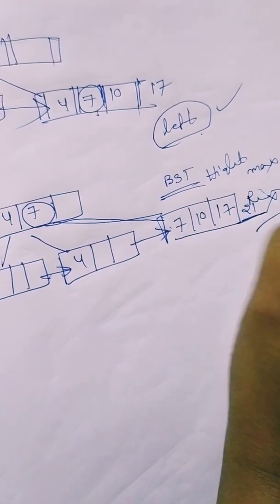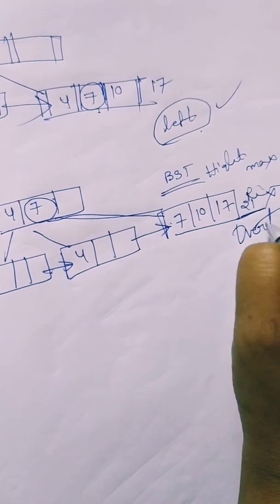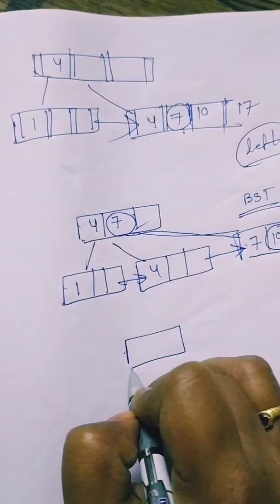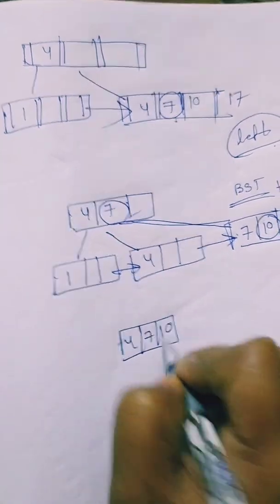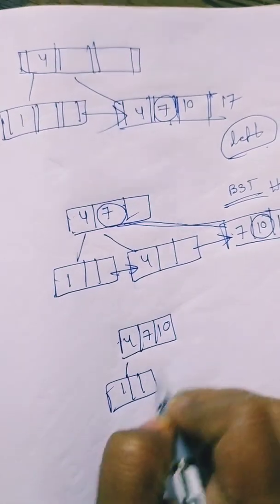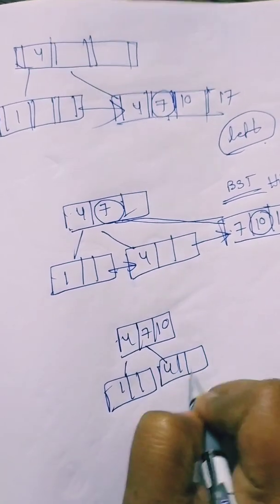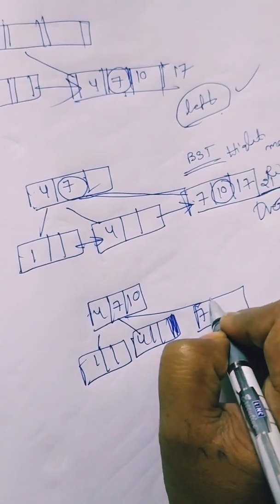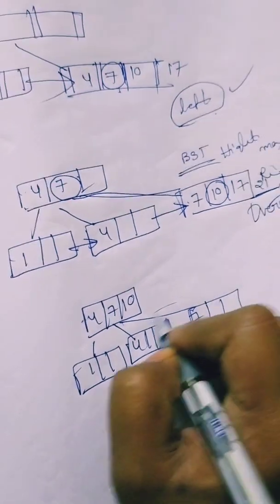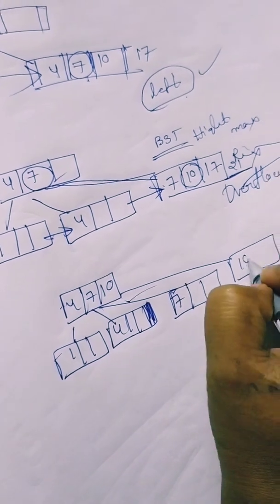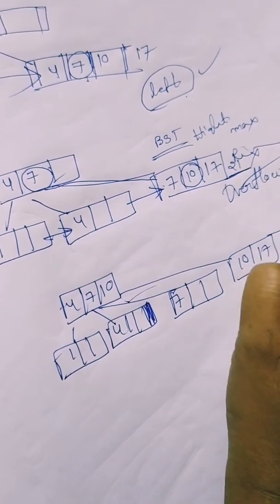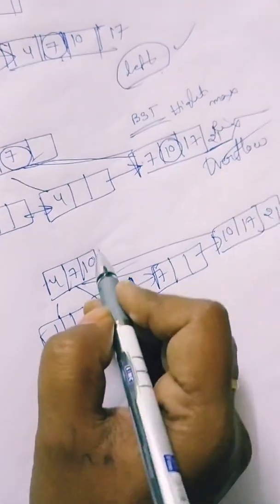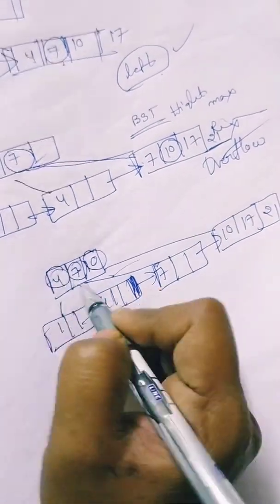But again this is the overflow condition, so we have to take the median up, and then splitting can occur again. 7, 10, 17 and 21. See here, these are all the reference nodes, nothing but pointer nodes.